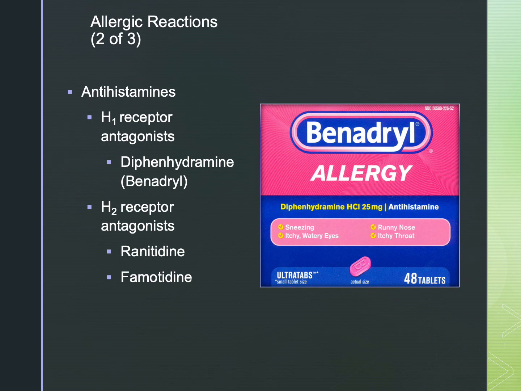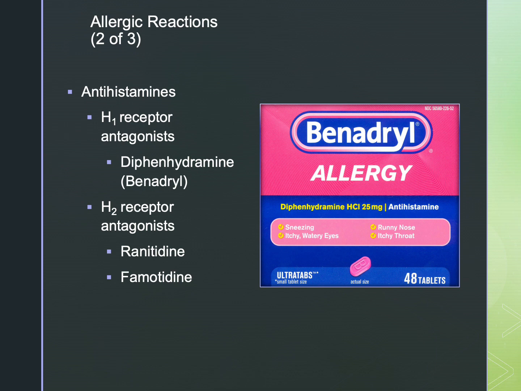Histamines also cause vasodilation, which can result in low blood pressure, hypotension. So there are two types of histamine blockers, also called antihistamines, that are administered during surgery to counteract histamine release. And they are H1 receptor antagonists and H2 receptor antagonists.